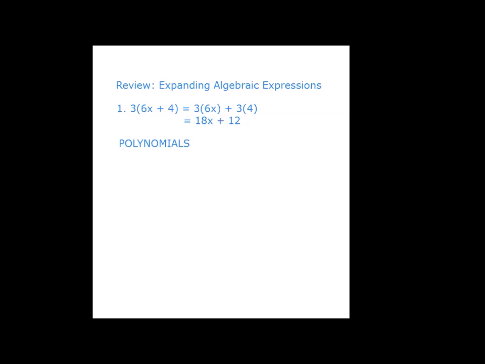Now, polynomials also can be classified by their degrees. Any idea about degrees of polynomial? Yeah, no problem. The degree of a monomial is the sum of the exponents of its variables.